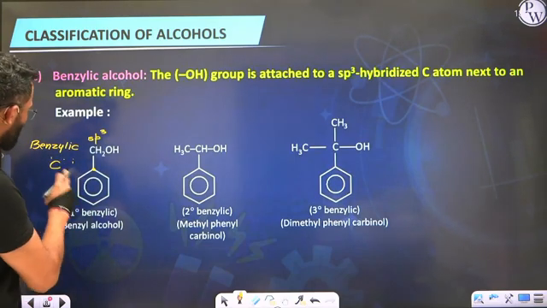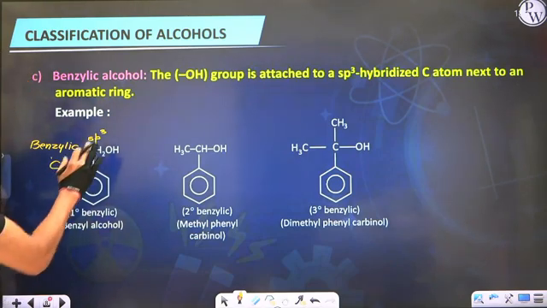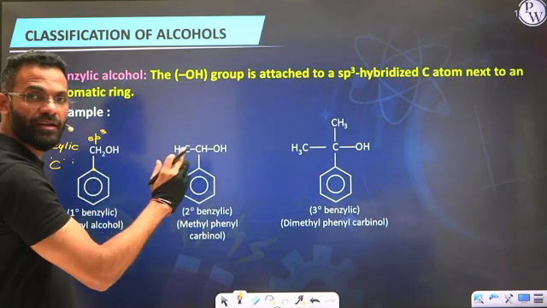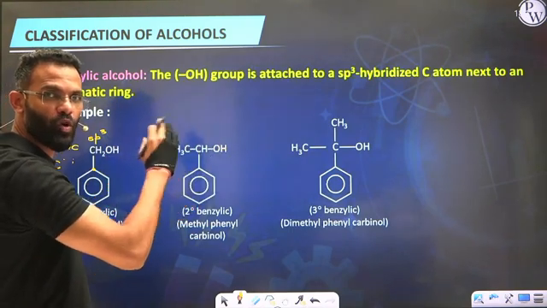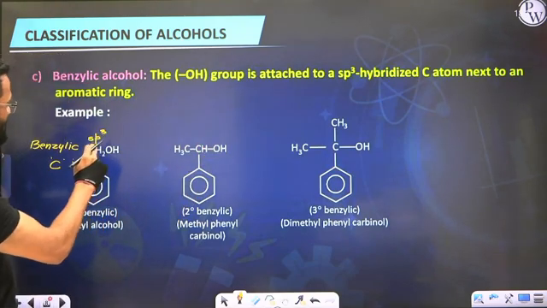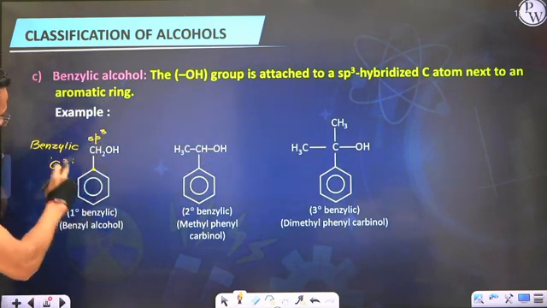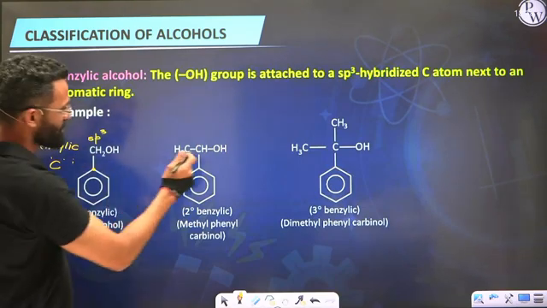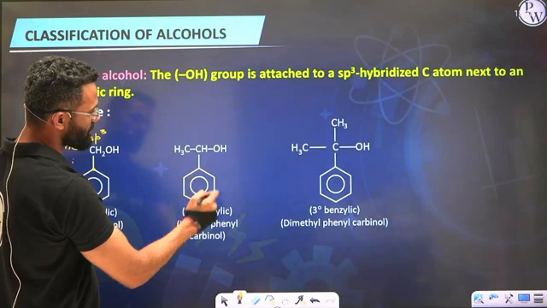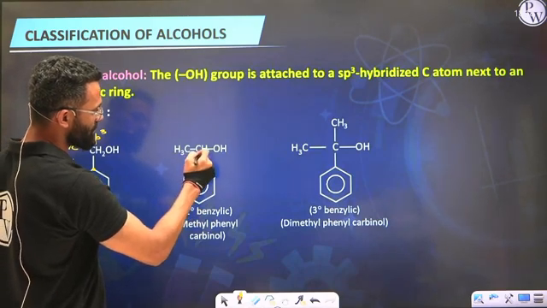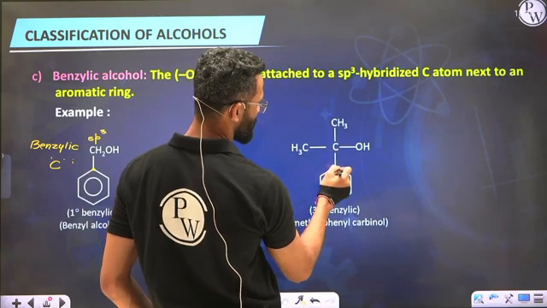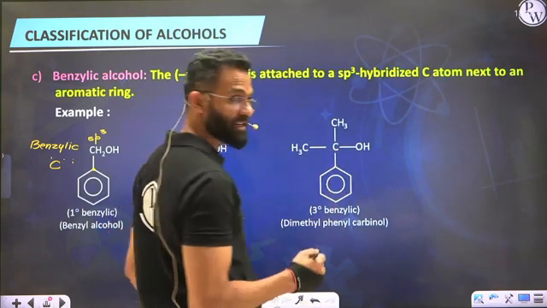An sp3 carbon directly connected to the sp2 carbon of a normal aliphatic compound, you call it allylic carbon. When such an sp3 is connected to the sp2 carbon of benzene, you call it benzylic carbon. Here as well, you see an sp3 carbon directly connected to the sp2 carbon of benzene, so this is also a benzylic carbon. Even this is a benzylic alcohol.